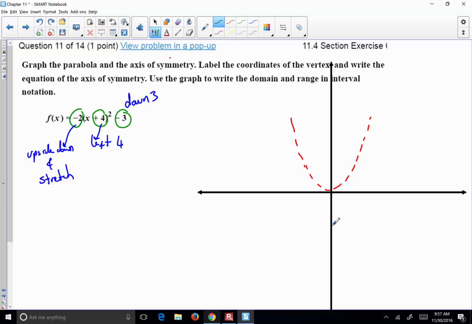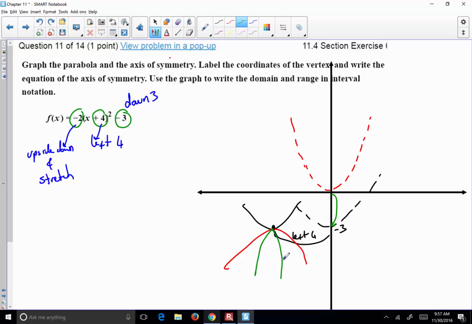So first down 3, I'm at -3, and then left 4, upside down, turn it upside down, and stretch. 4 moves, look: down, left, upside down, and stretch.